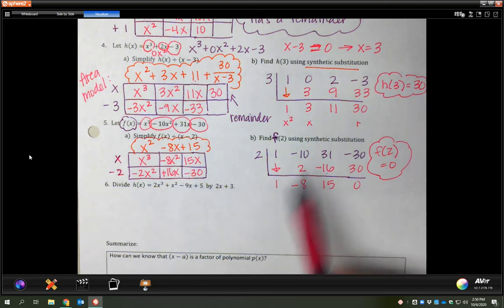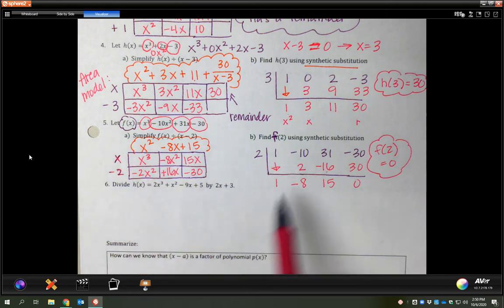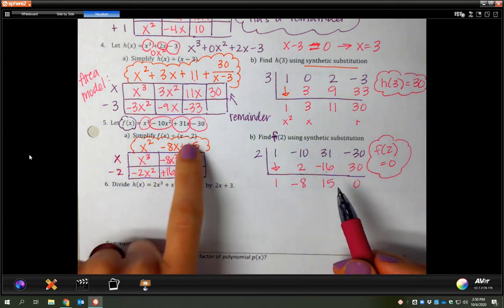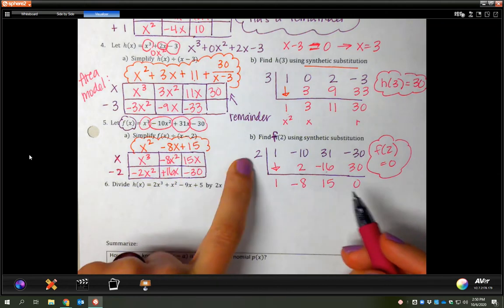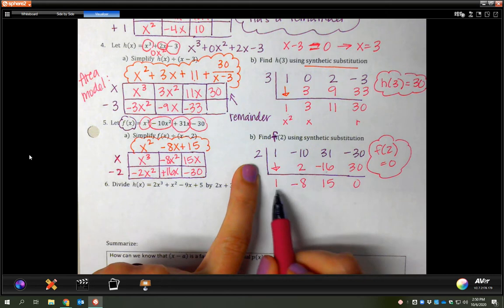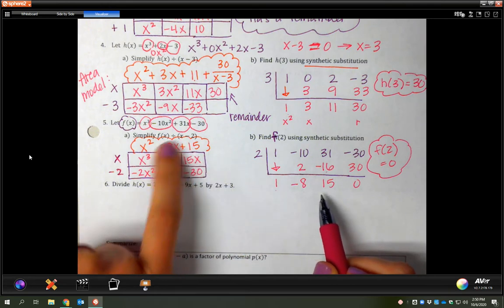But notice like in the last problem, the whole reason I had you do this was to point out that when you are dividing by a factor, x minus 2, if we plug in 2, we can use these numbers in synthetic substitution. We can use these numbers to actually just get what we would divide if we divided by x minus 2.